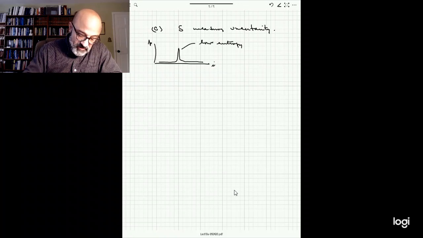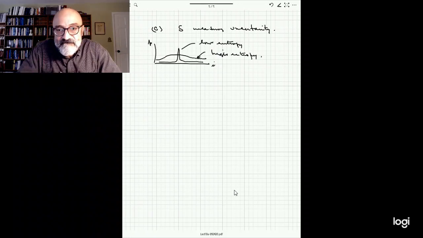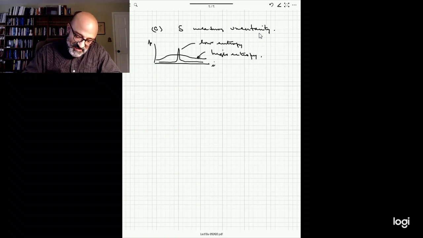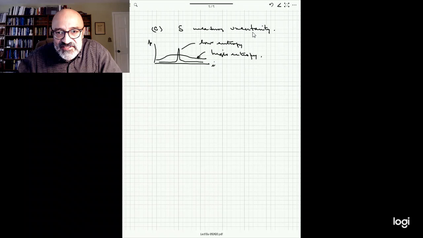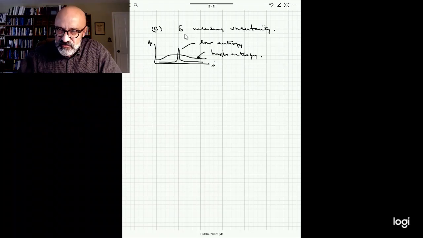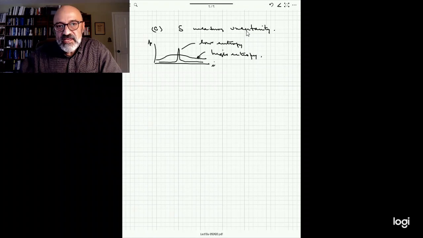And if it's very broad, it has high entropy. So it's sort of intuitive to say, yeah, S sort of measures uncertainty. But then you say, wait a minute, don't we measure uncertainty with the variance? What's wrong with measuring uncertainty with the variance? Why do we need entropy? Do entropy and variance measure the same thing?